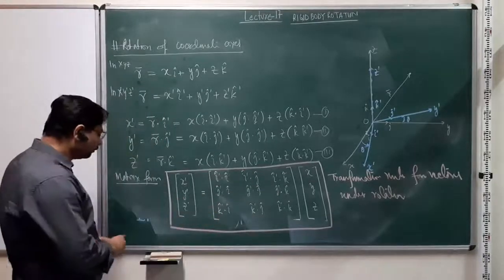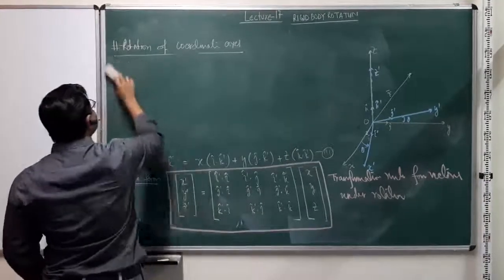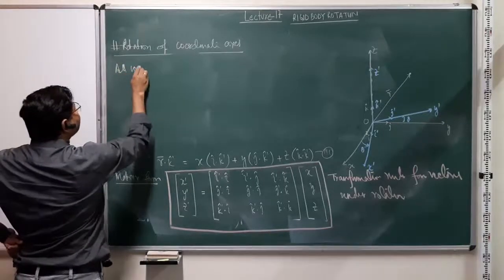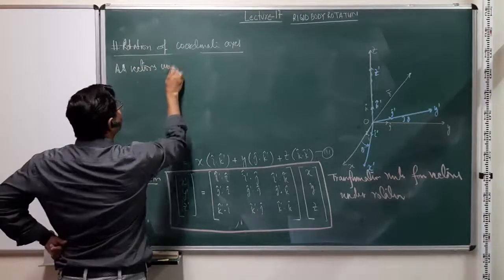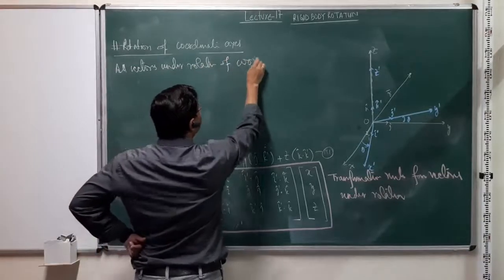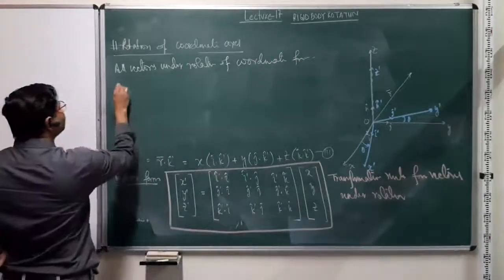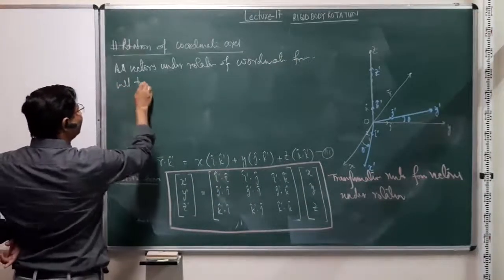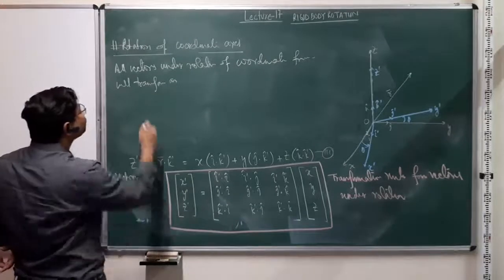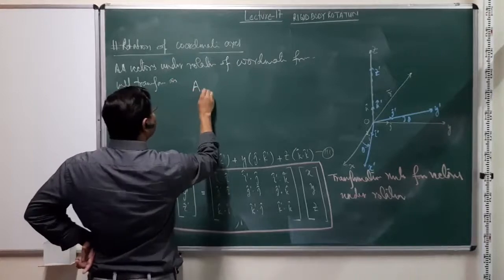Right? So this is the transformation rule, and effectively what we are saying is, now we can make this a statement that all vectors under rotation of coordinate frame, right, will transform as, or rather the components will transform as a, let's say, a prime n.